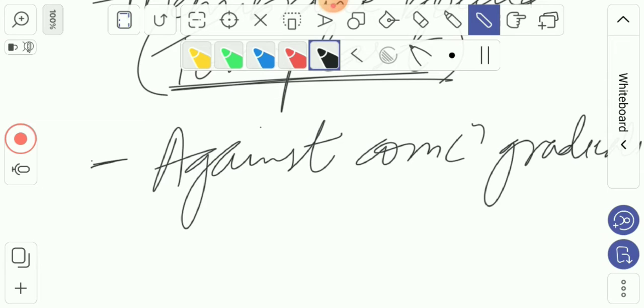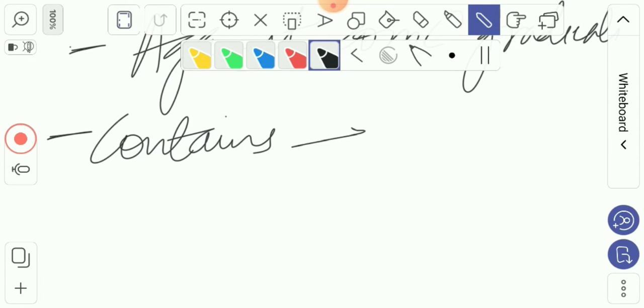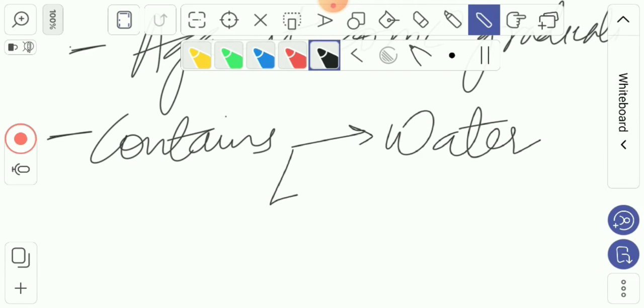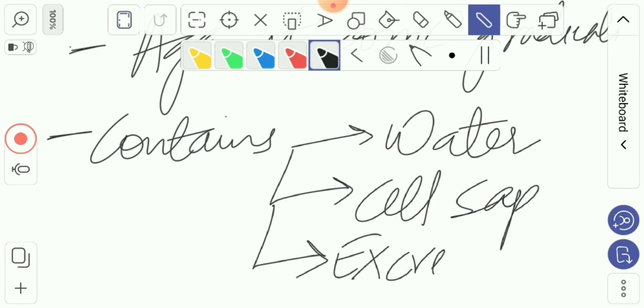Okay, and third thing is it contains water, first thing. Second, it consists of cell sap. And third, it contains excretory products, okay, waste products.